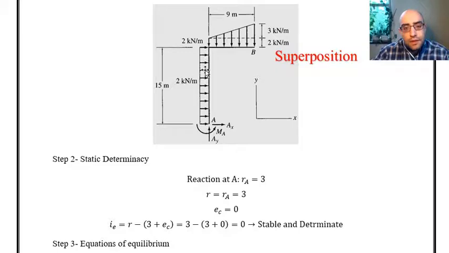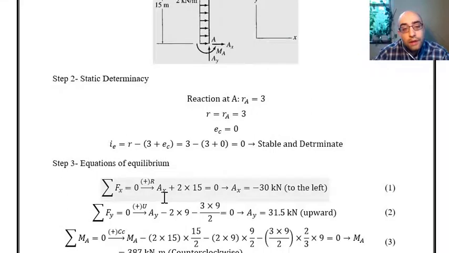And the force that we can get from this loading is area under the distributed load, which is 2 multiplied by the length, which is 15. And that's it. I don't have anything else in the x direction. So 2 multiplied by 15 plus AX equal to 0, which means that AX is minus 30 kilonewton to the left.